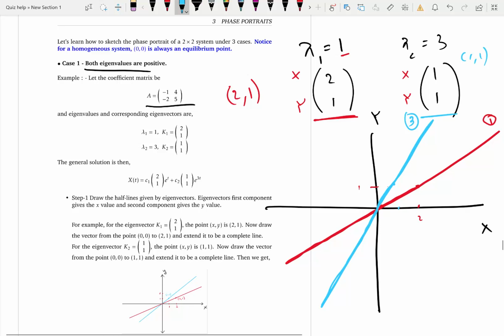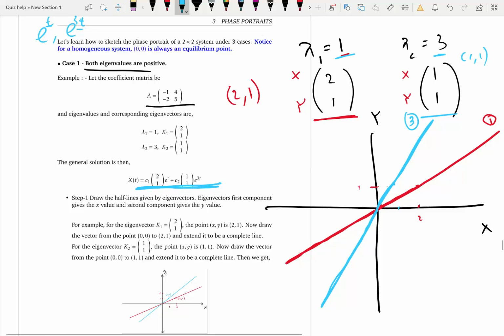Now we want to decide the arrows. When both eigenvalues are positive, what happens? Look at the solution: we have e^t and e^(3t), of course, because the eigenvalues are 1 and 3. The phase portrait is the picture of what happens to the trajectories of the differential equation as time moves on.